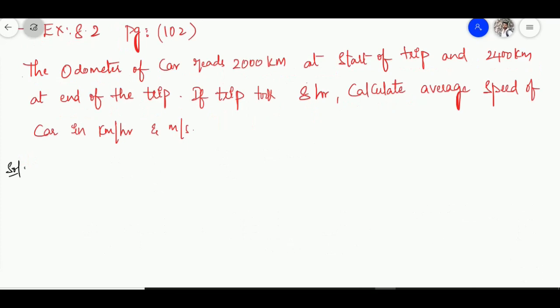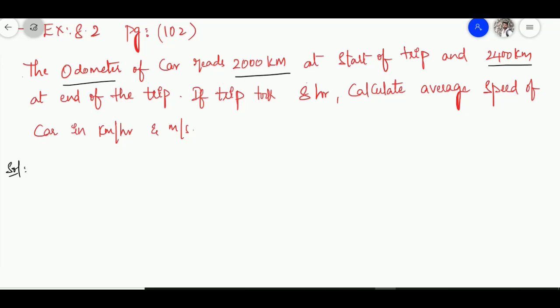Read the question first. So the odometer is a device which shows how many kilometers you ran or rode in your car or bike. Okay, the odometer of the car reads 2000 kilometers at the start of your trip. So when you get into the car, the odometer reading is already shown as 2000 kilometers, and 2400 kilometers at the end of the trip.